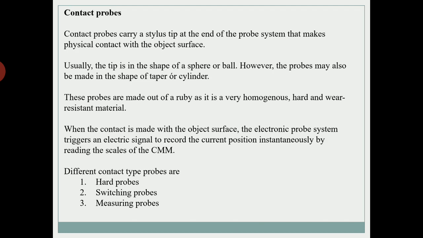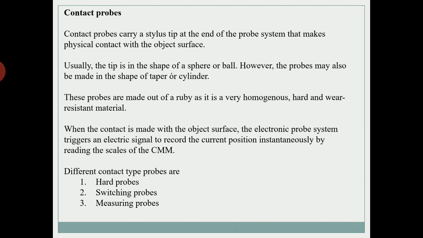However, probes may also be made in the shape of taper or cylindrical shape. These probes are made out of ruby as it is a very homogeneous, hard and wear resistant material. When the contact is made with the object surface, the electronic probe system triggers an electric signal to record the current position instantaneously by reading the scales of the CMM.